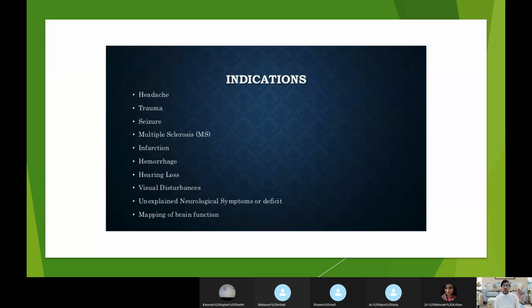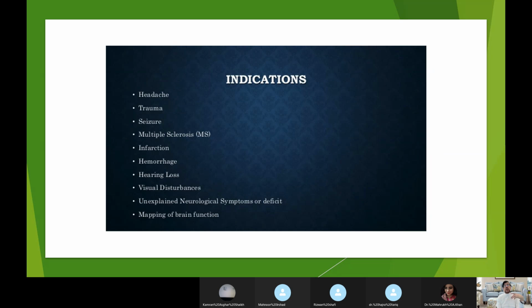But at least we should be able to understand that the MRI is of various types: T1, T2 and FLAIR. And if I'm really interested in seeing the pathology, then I will go for the details of it, whether I want the T2 images, T1 images or the FLAIR images. Only that will help me in making the diagnosis appropriately.